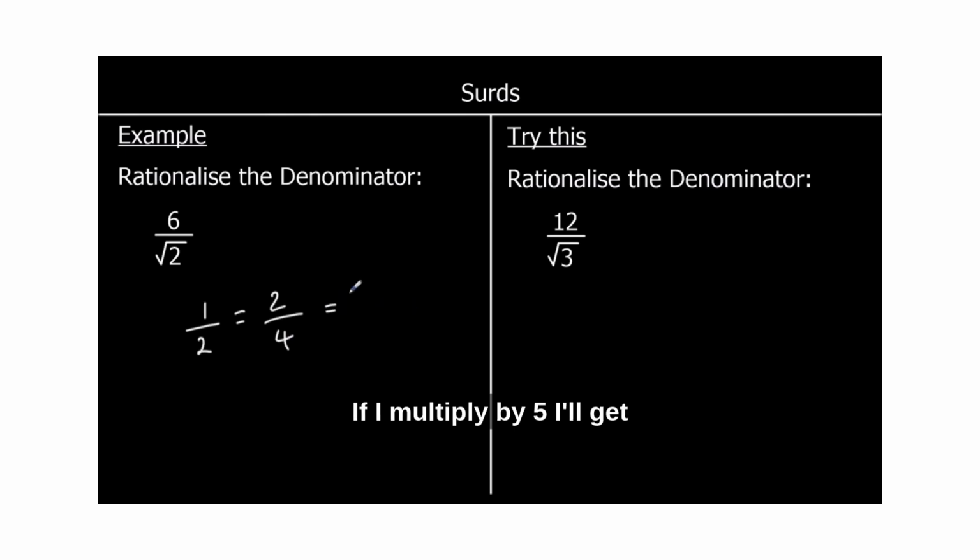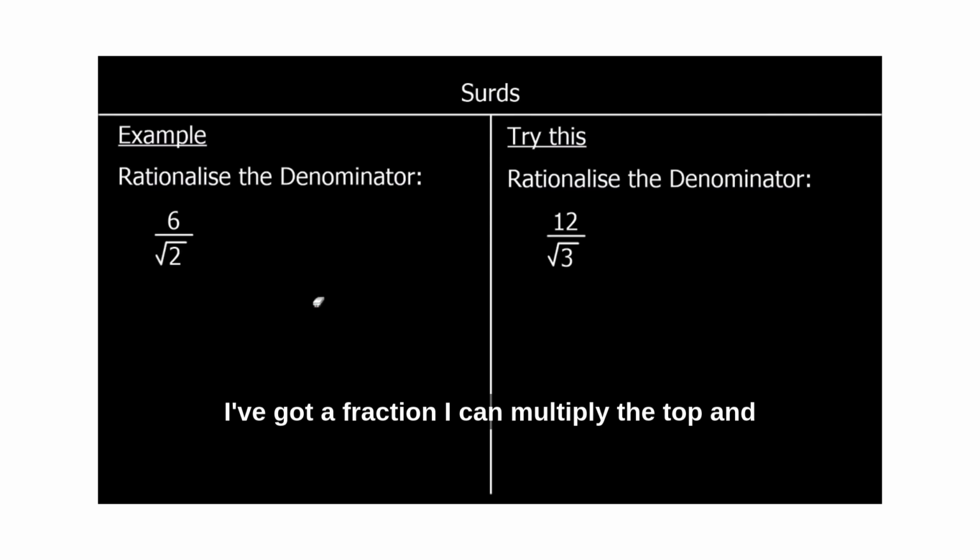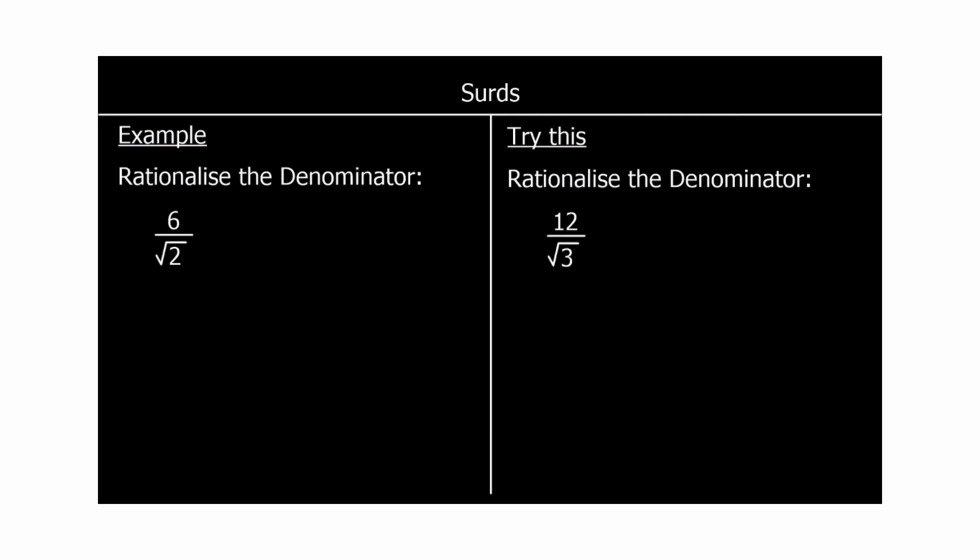If I multiply by 5, I'll get 5/10, and that's still the same as a half. So when I've got a fraction, I can multiply the top and the bottom by the same thing, and the fraction stays the same. It stays equivalent.